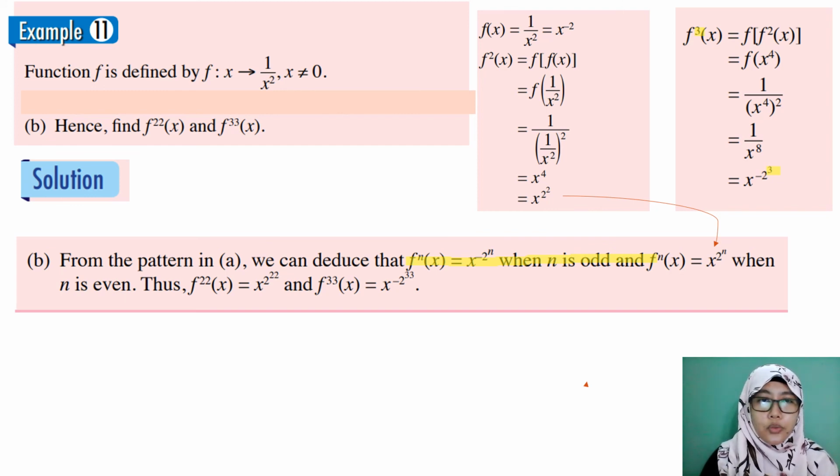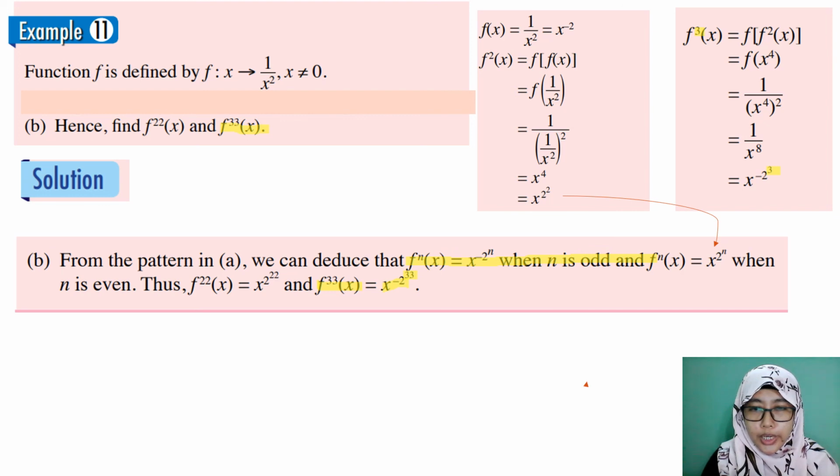Jadi soalan bila dekat sini adalah untuk odd number. Which question is odd number? The question is odd number is f to the power of 33, right? Okay, so untuk f to the power of 33 kita guna formula yang ini. Kita masukkan f to the power of 33 ni to this formula x to the power of negative 2n, n ni kita gantikan dengan 33.